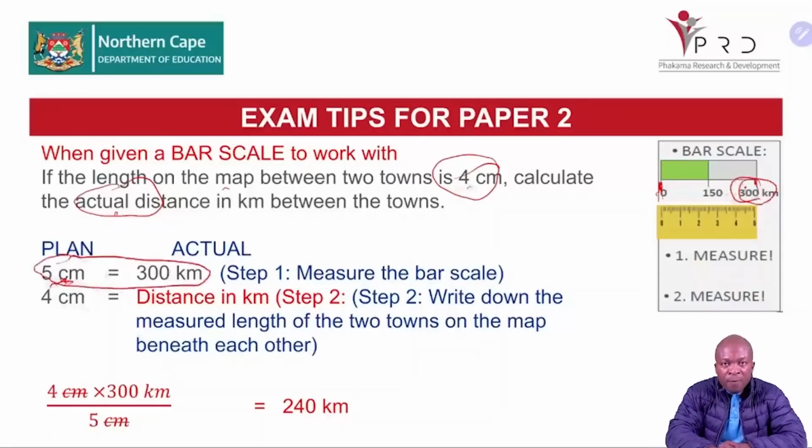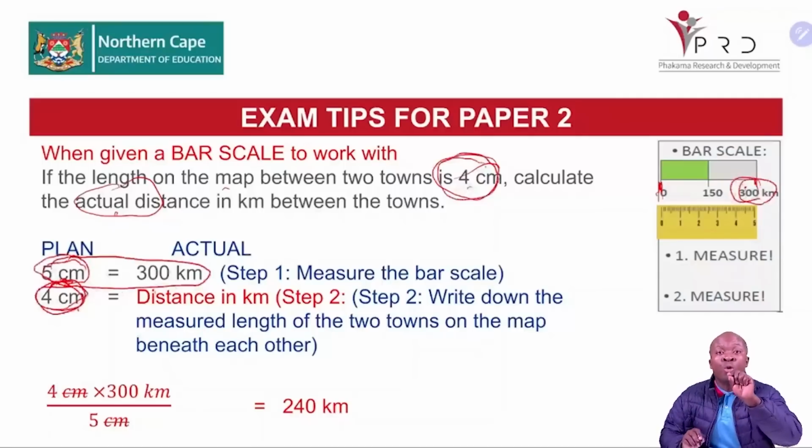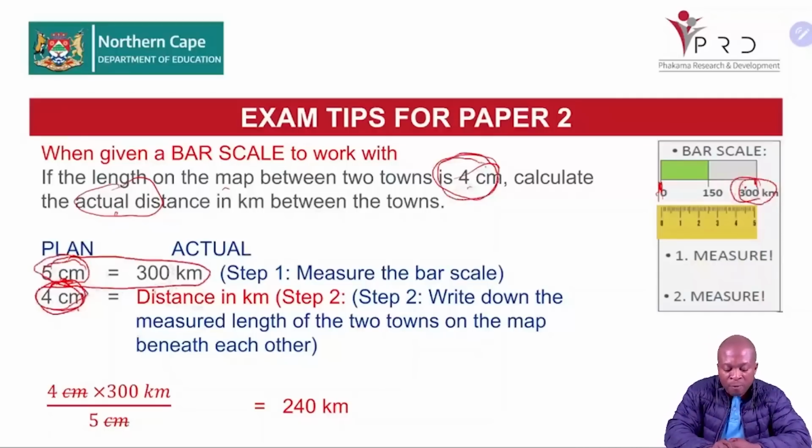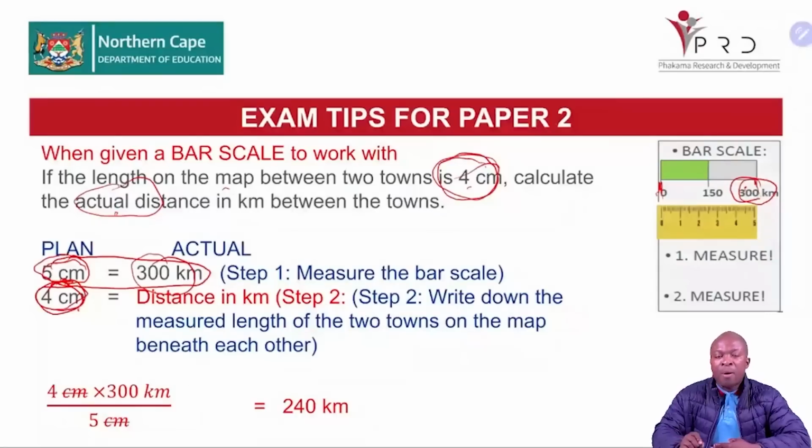If 5 centimeters is being used to represent 300, then 4 centimeters will be what? So you look at it, you're going to start with the value that you want to convert, which is the 4. Because it's in centimeters, you're going to divide it by the other 5 centimeters which you measured. Okay? You take the 4 from the question, you divide it by the value which you measured from the bar scale, and then you multiply everything by the last number on the bar scale.